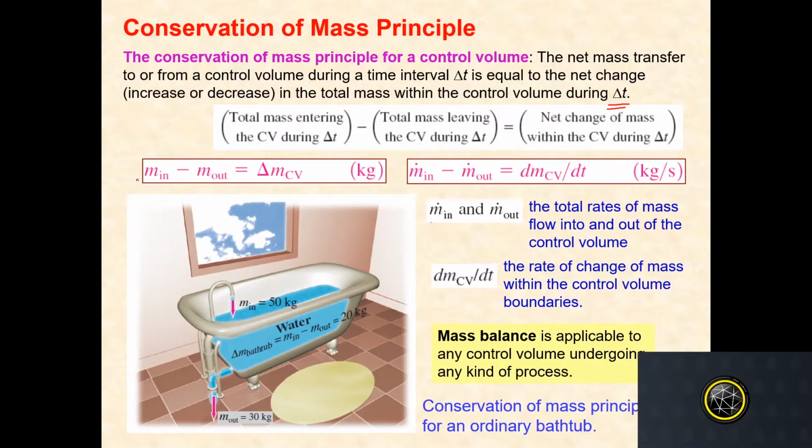This is just the mass that comes in minus the mass that goes out equals the change in the amount of mass. The picture with the bathtub below actually explains that. Let's say that in that specific duration of time, you supply 50 kilograms of water into the bathtub, and at the same time you open the drain pipe, which can only allow 30 kilograms of water to go out.